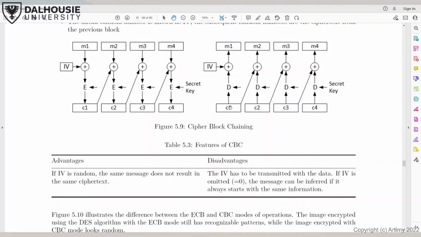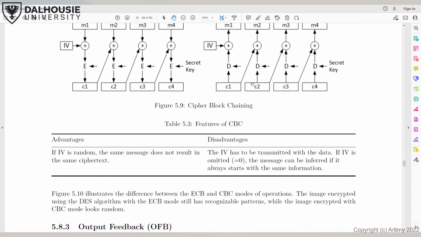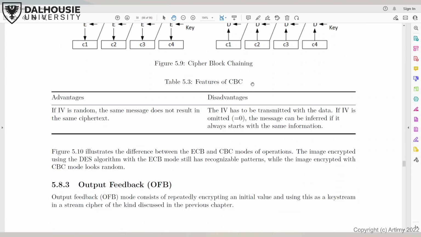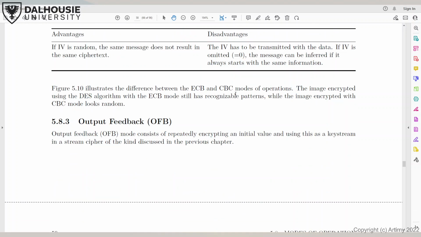Now, if C1 is corrupted, I cannot decipher the rest of the messages, because every block depends on the block before it. So if C1 is damaged, I cannot recover the rest. That's the major problem with this technique, even though it's quite good in hiding the relationship between the plain text and the ciphertext.